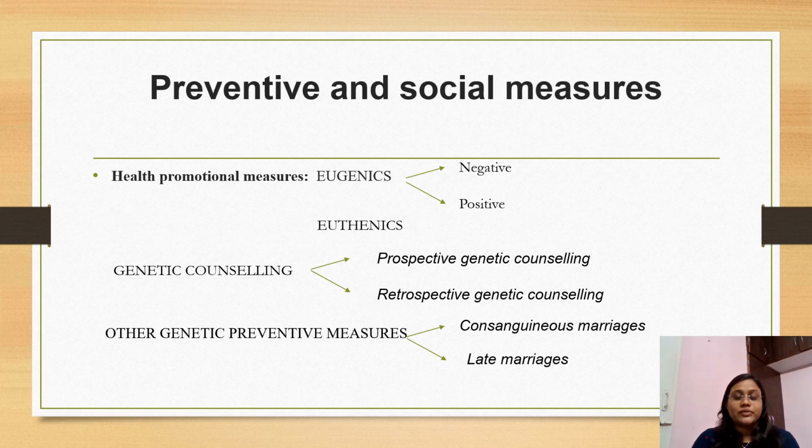For certain traits, we do not know their inheritance pattern. We are not sure which trait we are going to transfer to our next generation and which we are not going to transfer. So we do not have strict control over the factors or traits we transfer to the future generation.